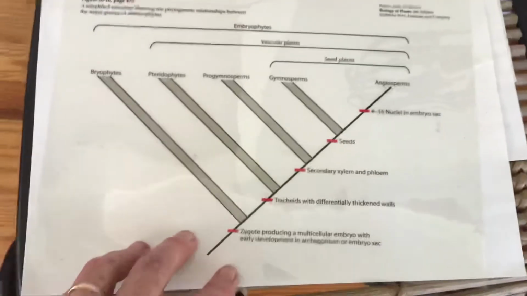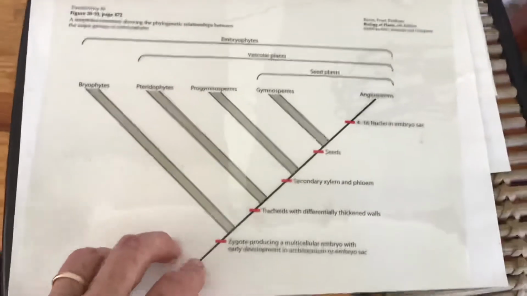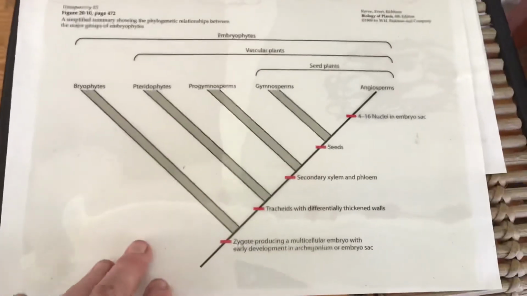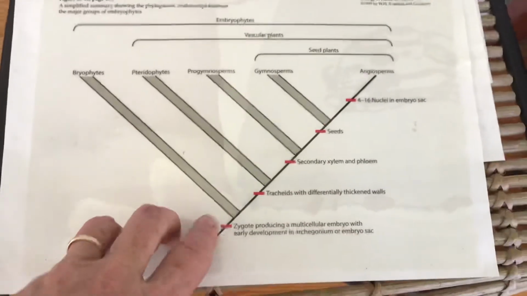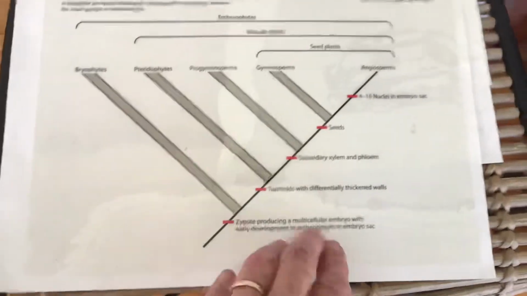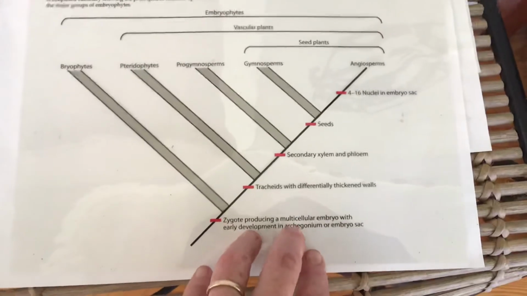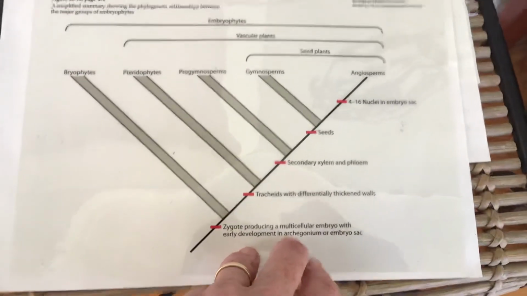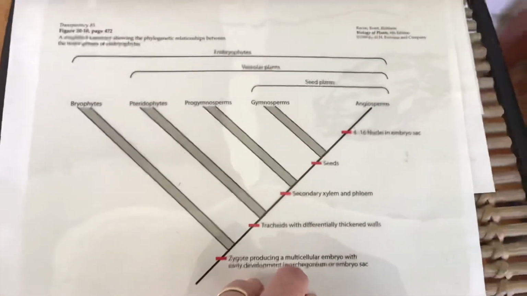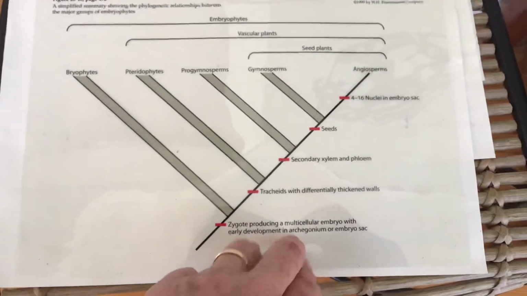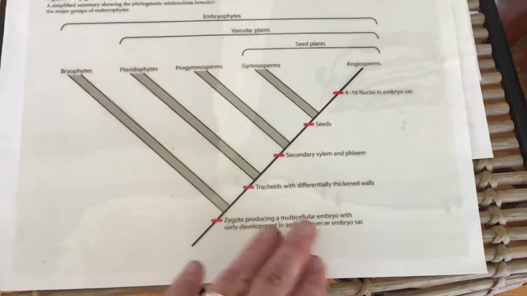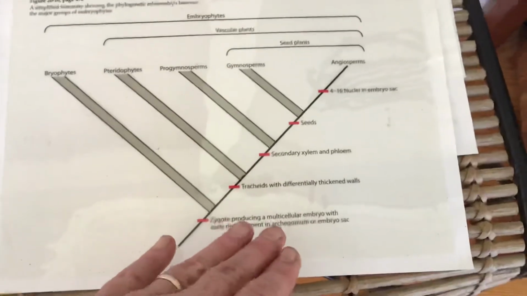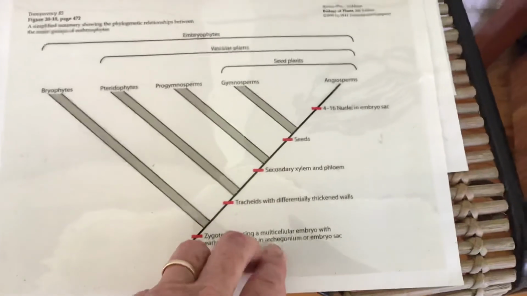So if we kind of look at the sort of things that happen along that evolution, there is one thing we didn't talk about, so I'm going to skip that a little bit. But basically, you might remember from the bryophytes or the mosses, they had a multicellular embryo inside of a structure, the archegonium, and the sperm was developed in the antheridium.